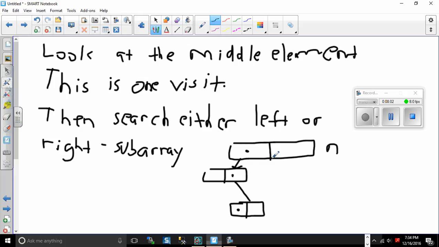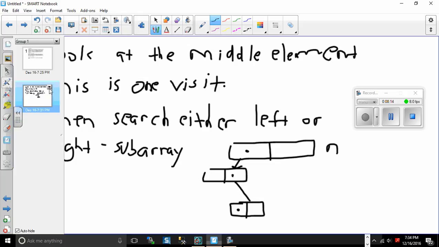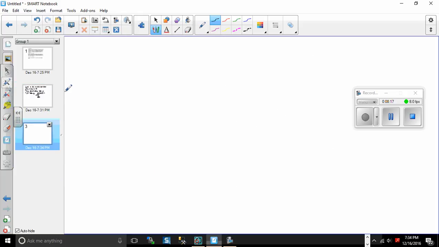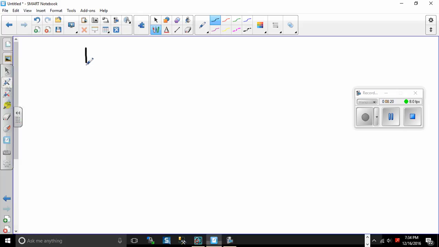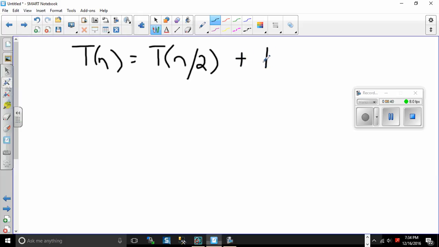So what is the anticipated order of the execution time of this algorithm? Let's calculate the Big O. For an n-element array, the execution time would be the execution time of half the array plus the initial examination of the middle element.